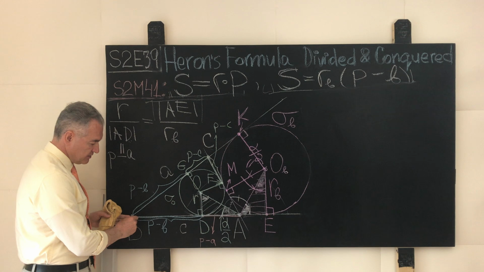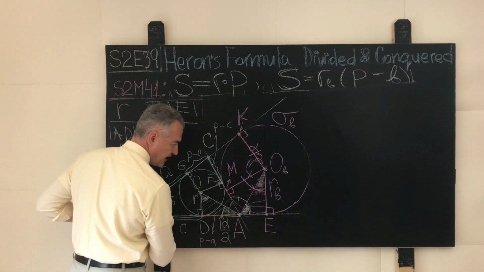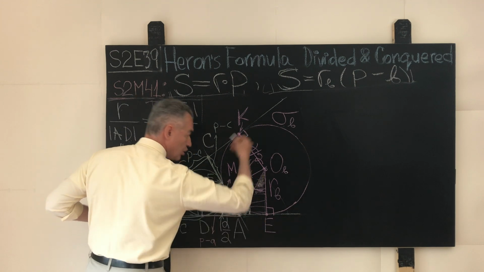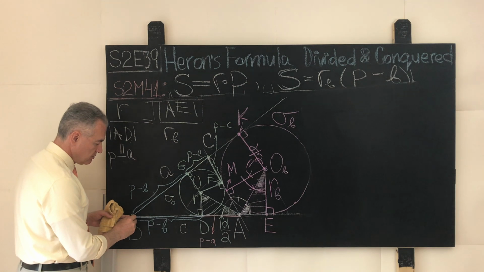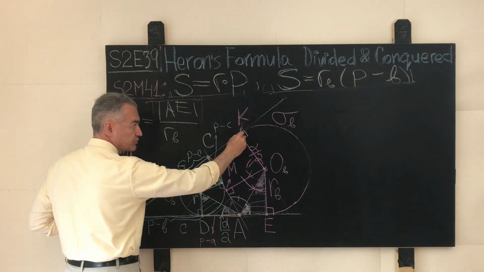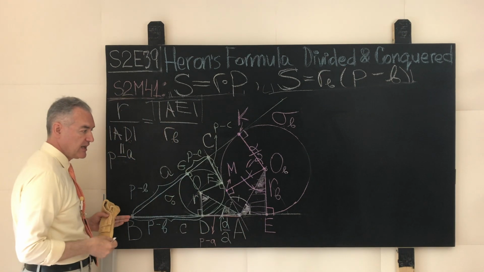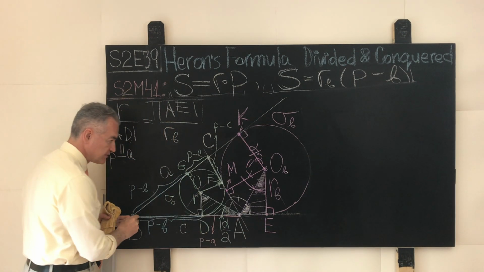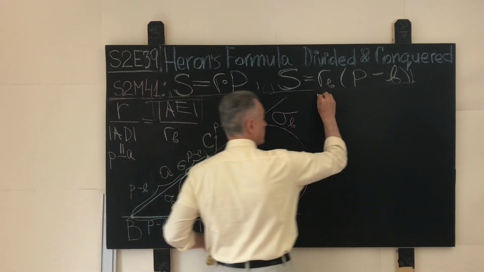The straight line, or the ray BE, is an external tangent to our ExCircle sigma B. And the ray BK is also an external tangent to the ExCircle sigma B. Consequently, the lengths of the line segments BE and BK are one and the same.